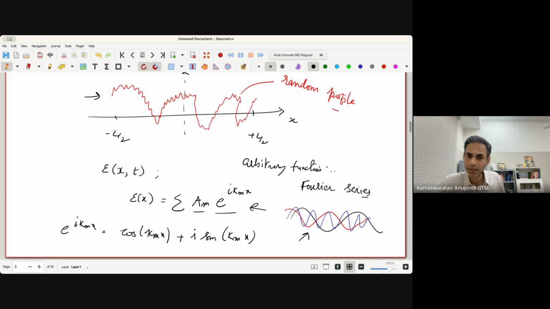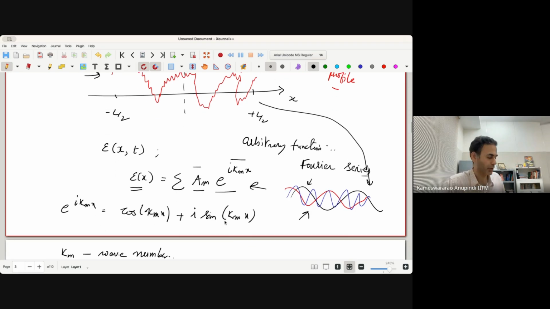Essentially, the constructive and destructive interference of these sines and cosines, by the phase we consider and by the amplitudes, will reconstruct the particular function we are looking for. So this can be decomposed into an infinite sum of sines and cosines, as given by this equation.